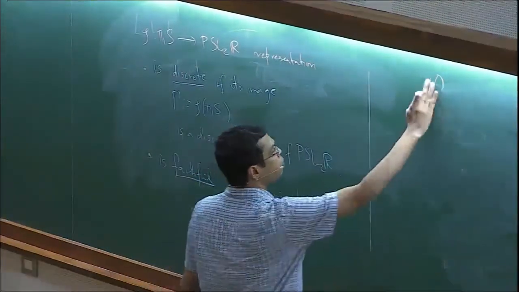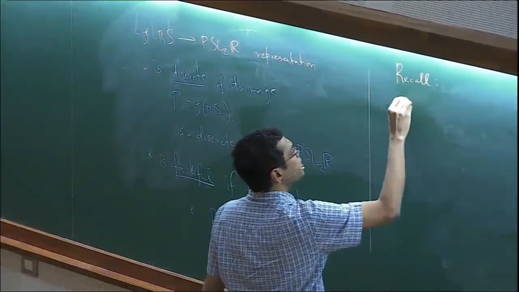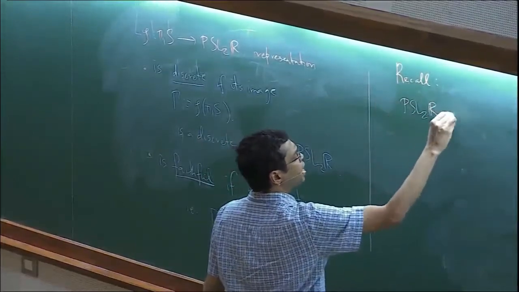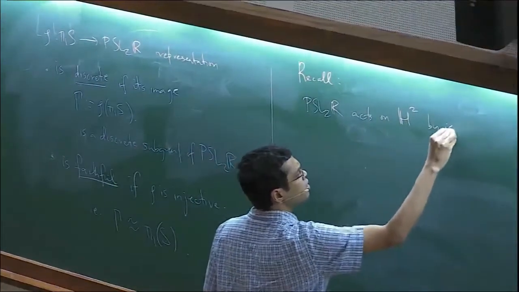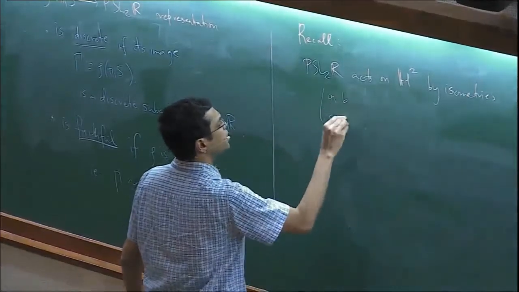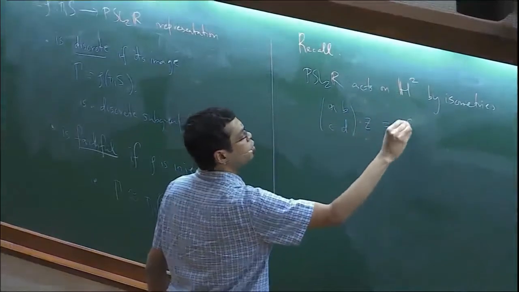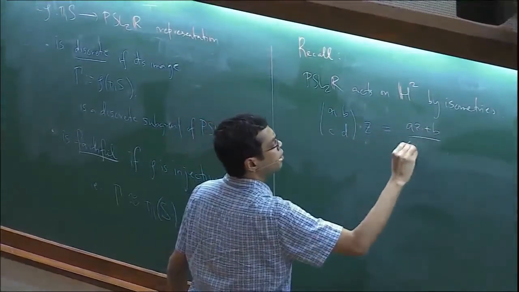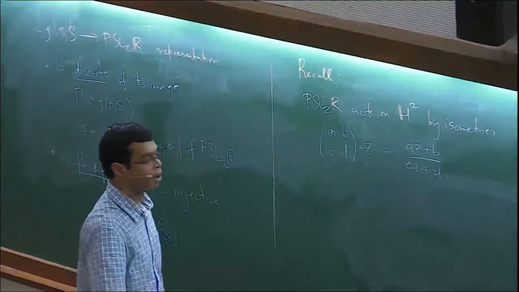And why do we care about discrete and faithful? Recall that PSL2R acts on H2 by isometries. You all know the action. If you take a matrix A, B, C, D, and you take a point in H2, you get this linear fractional transformation, right? So that's the action.